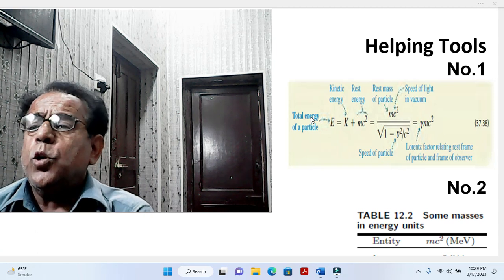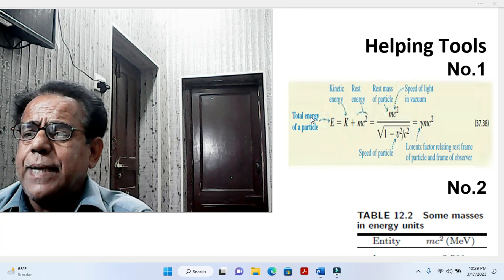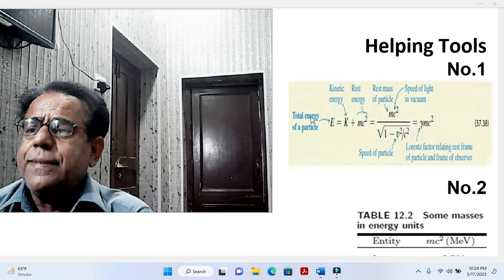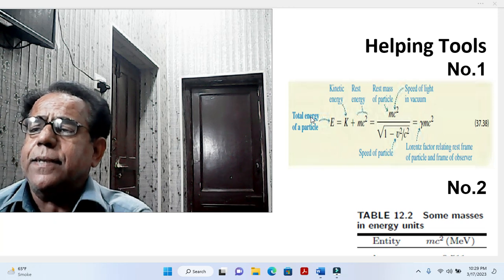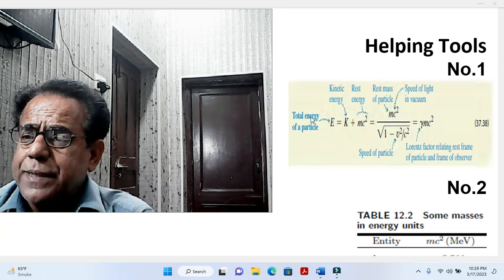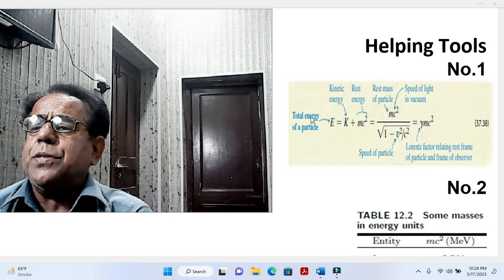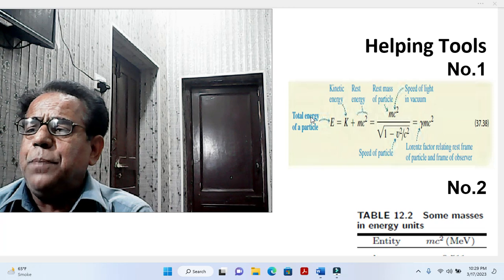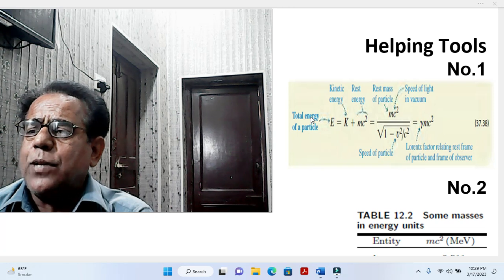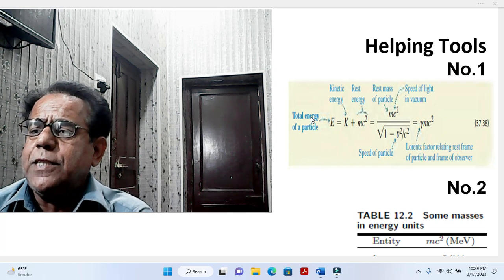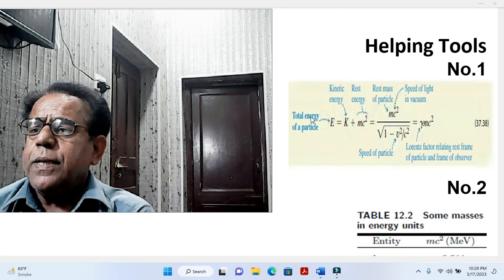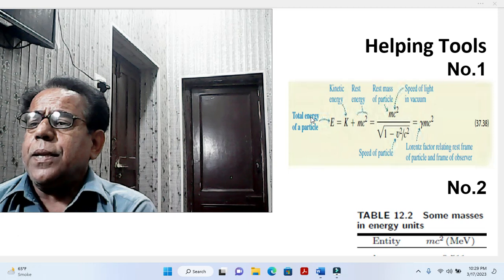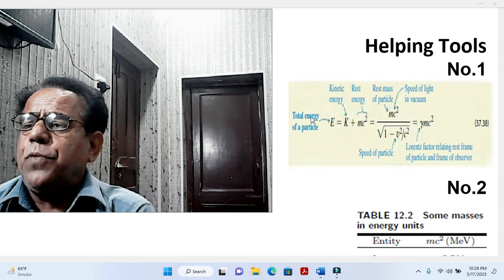Total energy of a particle, that is E, is equal to kinetic energy K plus rest energy mc square, and this expression alternatively becomes equal to mc square divided by the square root of 1 minus v square over c square, where v is the speed of the particle, and c is the speed of light in vacuum.